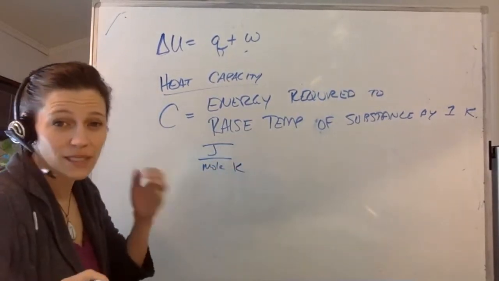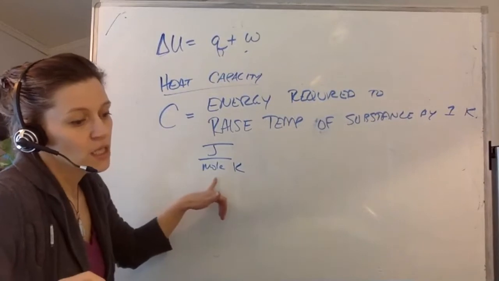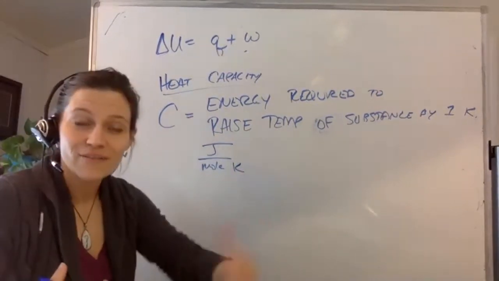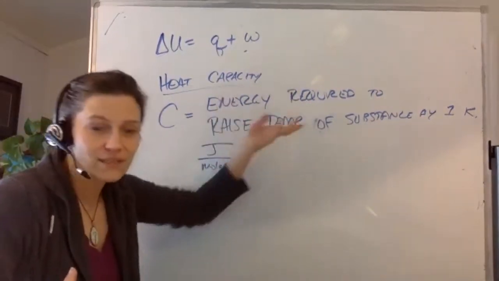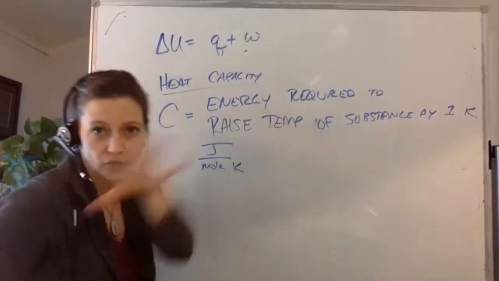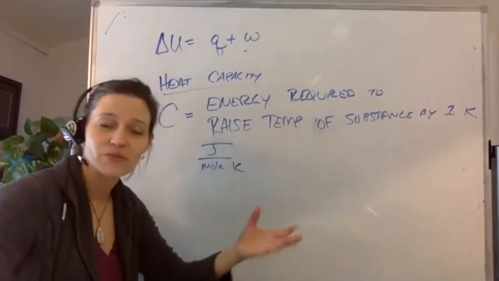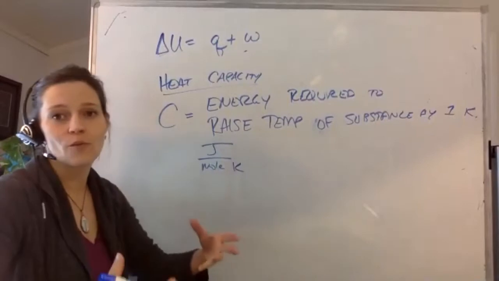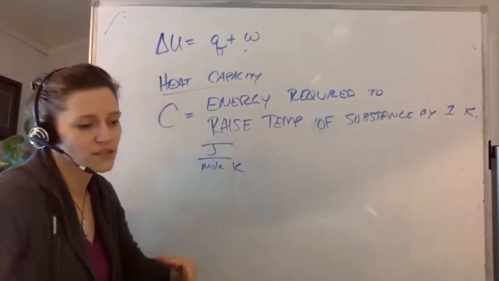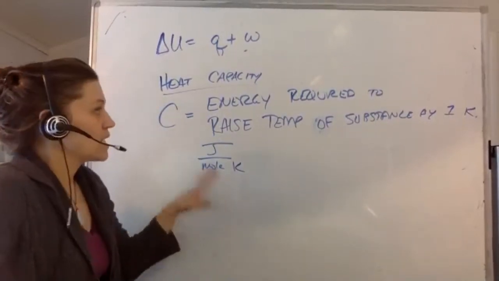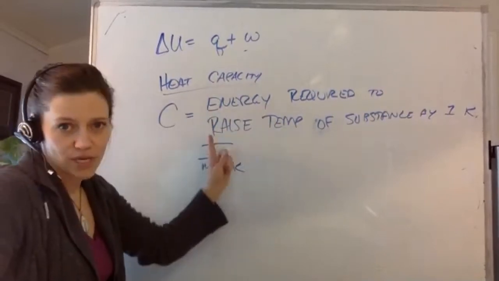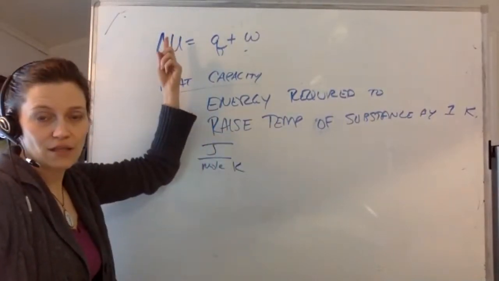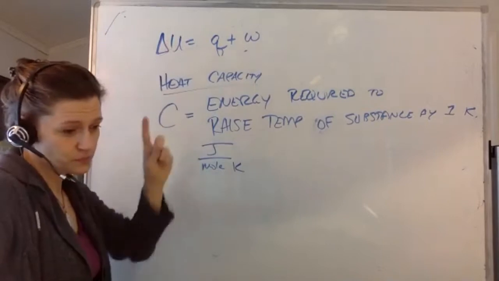Being in grams is dumb. You should always be in moles. That's not fair. Theoretically, when you're doing more theoretical stuff, it's good to be in some unit that works for all substances. Grams is specific to that one particular substance, and so moles is a much better normalized value.